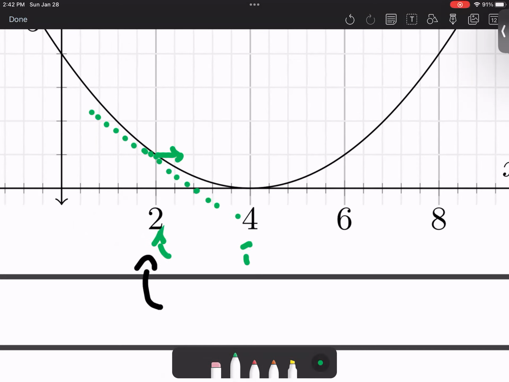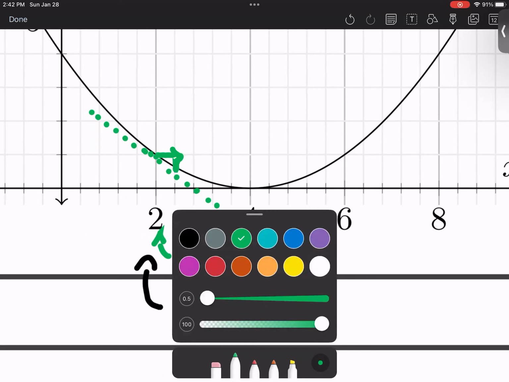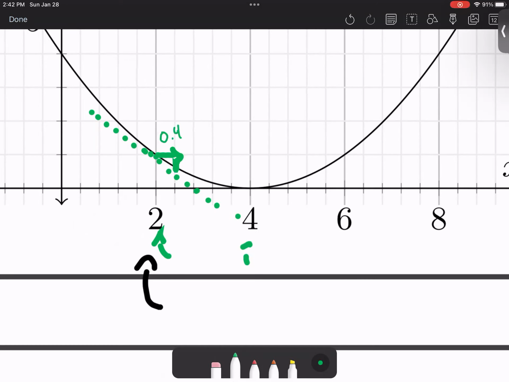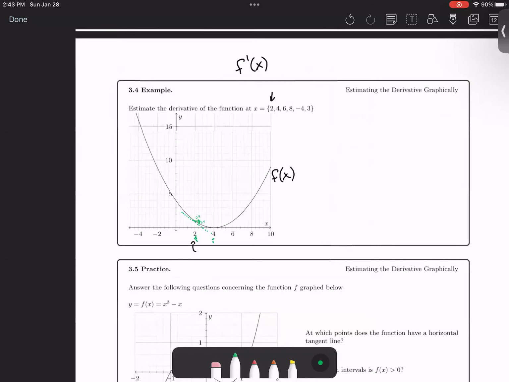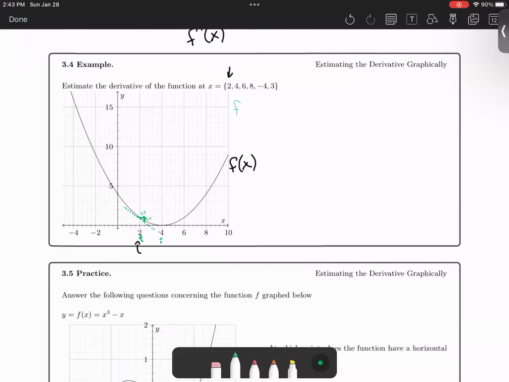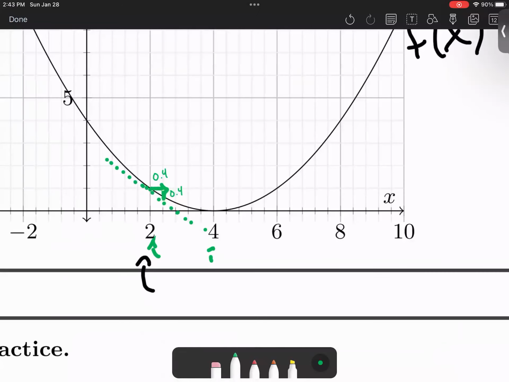So if I go over by 0.4, it looks like I drop down by 0.4. So over by 0.4, down by 0.4, my slope is -1. So the slope of this tangent line is -1.